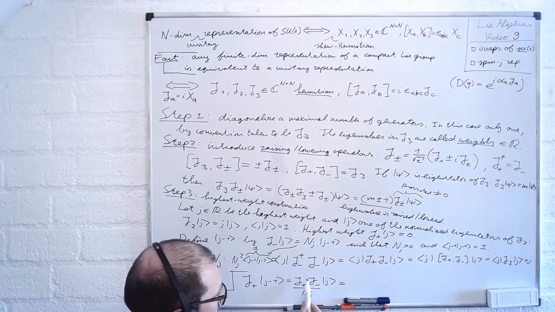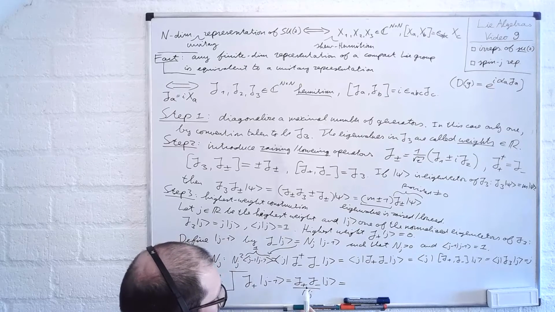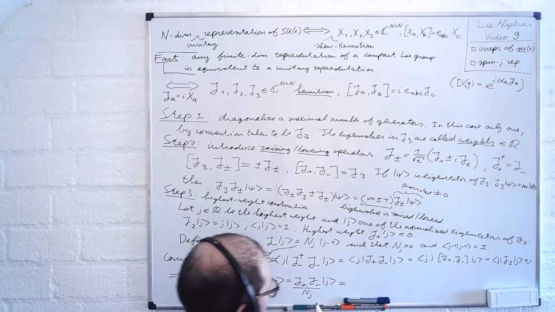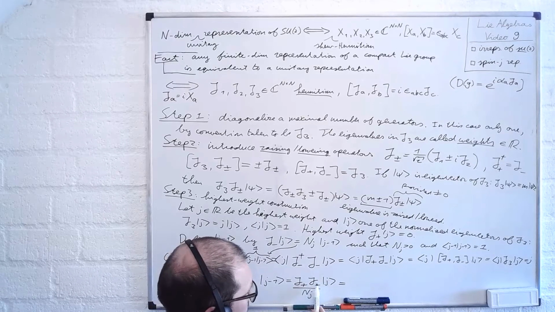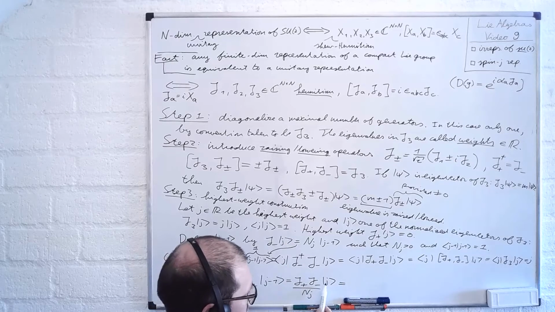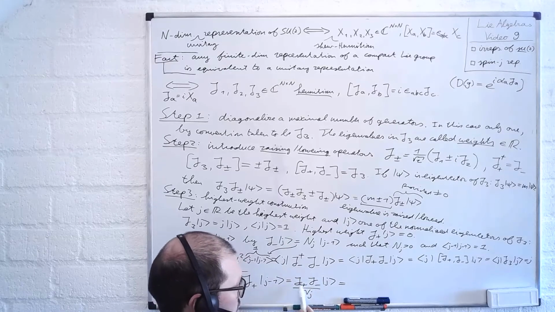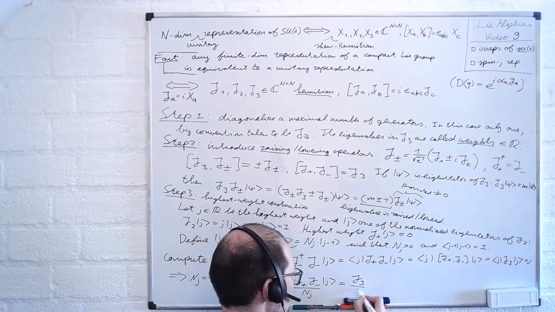And now again I can use the commutation relation here, which says that if I interchange the order of these two, then I get J plus acting on |J> again, so for the same reason as before, that's going to vanish. So I can really just replace this by the commutator of J plus and J minus. So this is J3 over n of J acting on |J>.